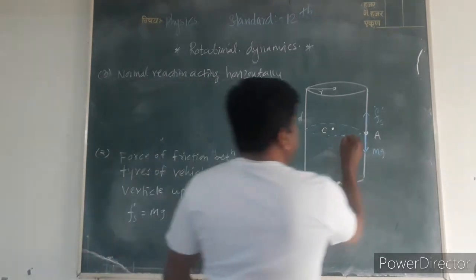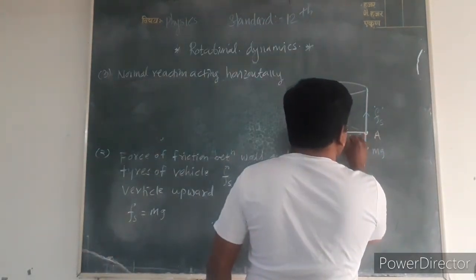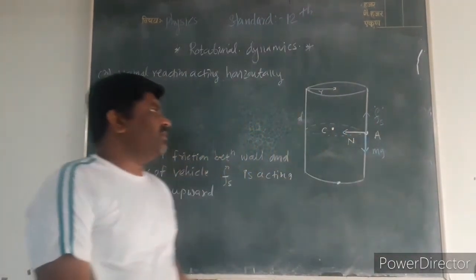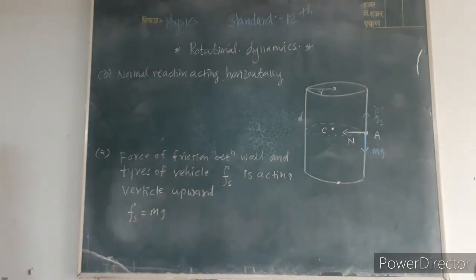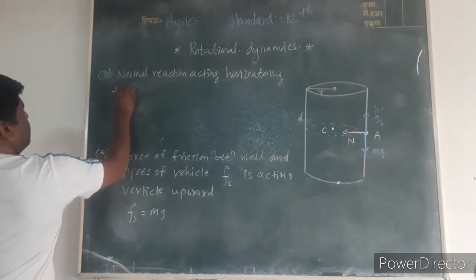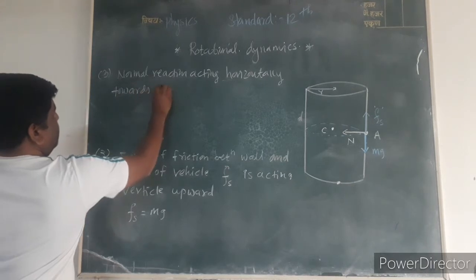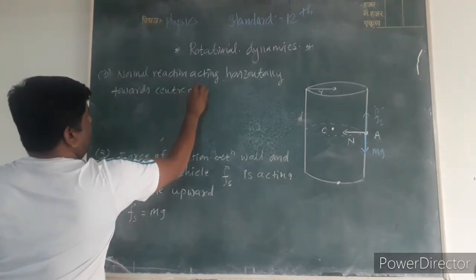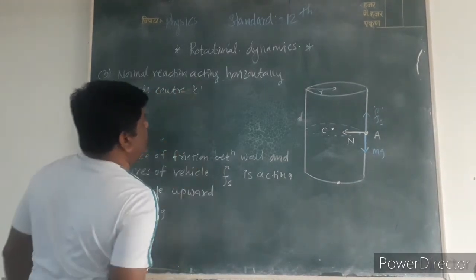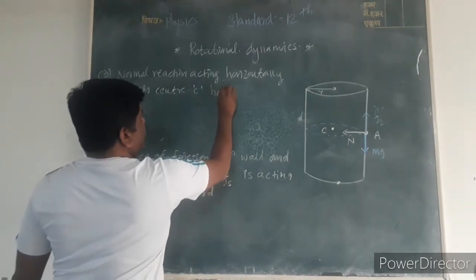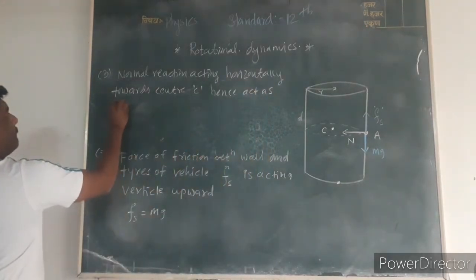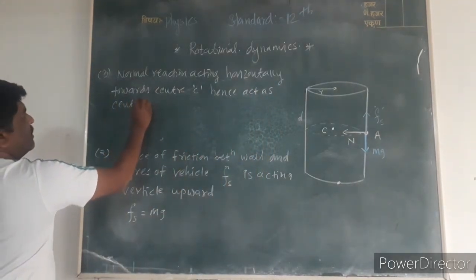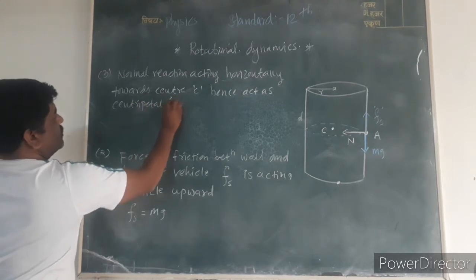This is the position of the normal reaction, and this normal reaction acting on this vehicle is horizontally towards center C. Hence it acts as centripetal force.